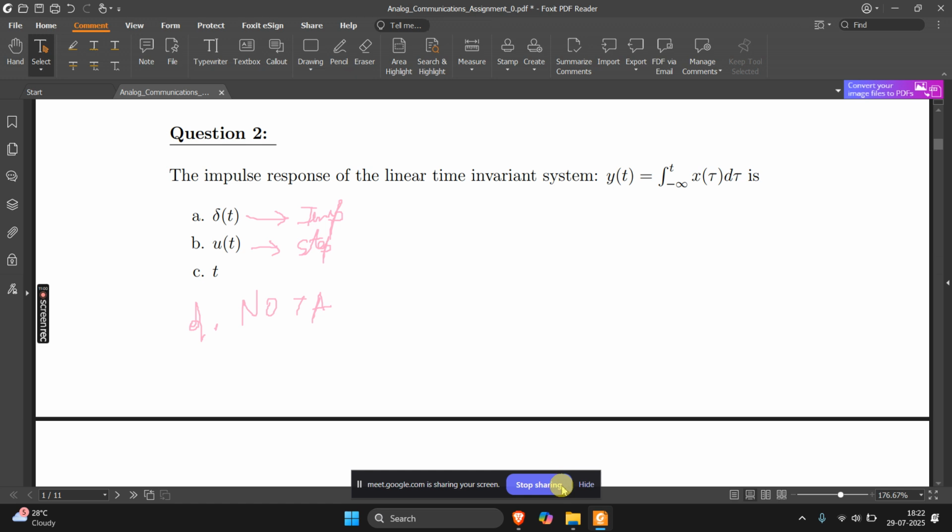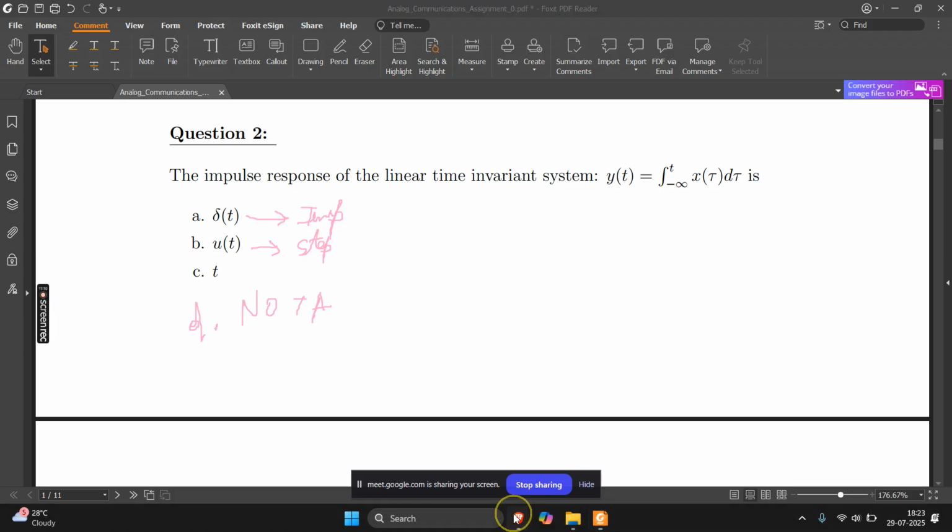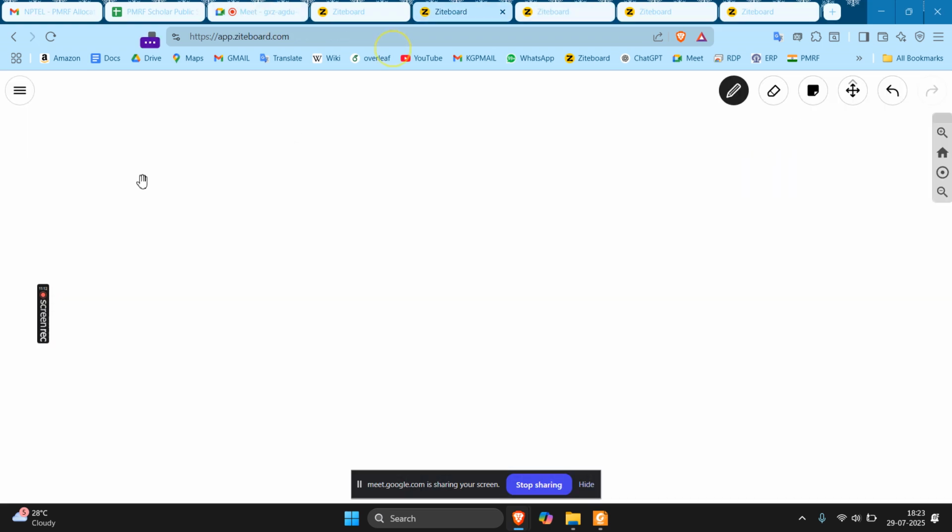What is the impulse response? It is h(t) convolved with x(t), right? So y(t) is equal to that.